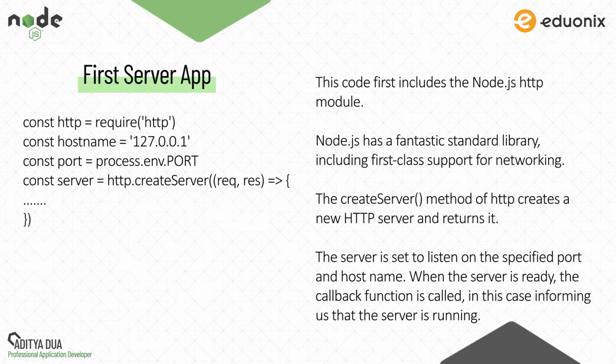Now it has a create server method which creates a new server and returns it. Now, what do you mean by returning? It means the machine is listening to this server, and whenever a request comes on the specific port, a callback method is initiated, which can help the user answer the request.